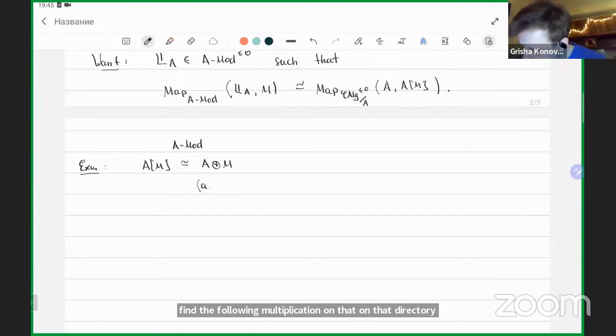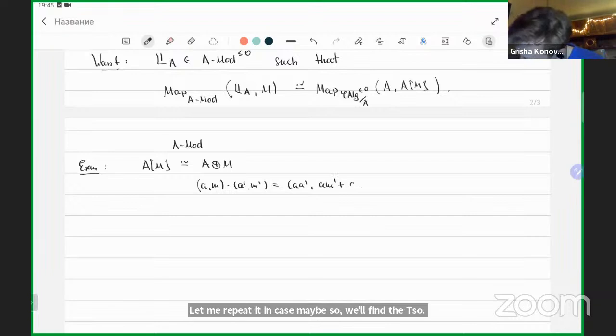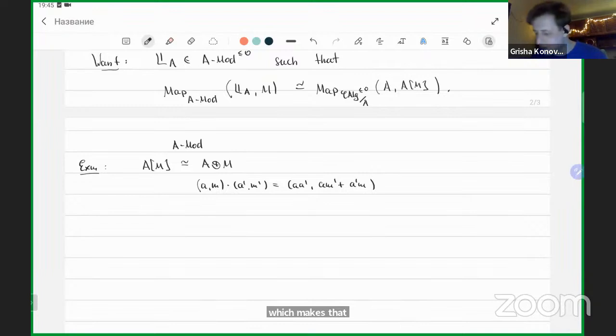Let me repeat it in case someone will find it useful. That's the multiplication which makes that direct sum an algebra.